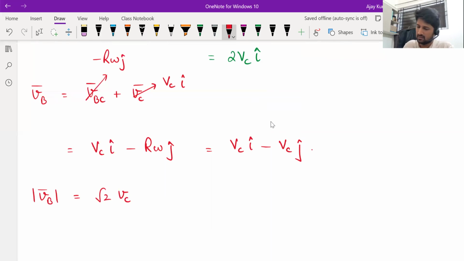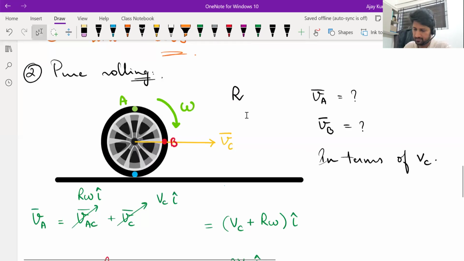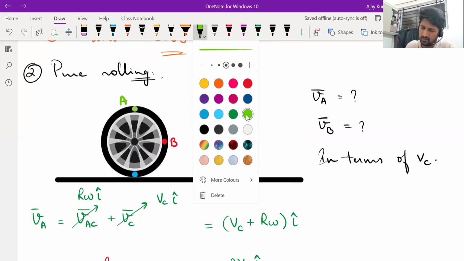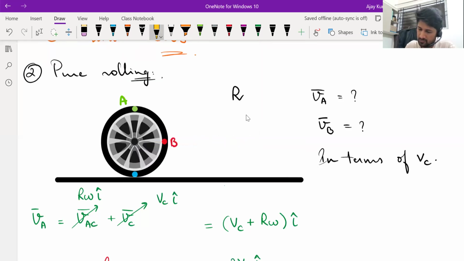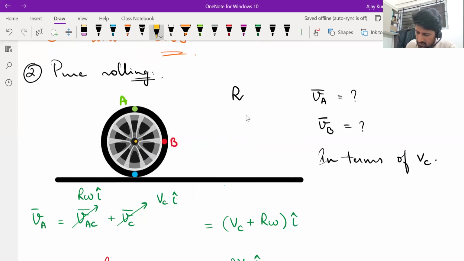Now, let us imagine how they actually move. A's velocity is 2 times Vc. Let's say the center of mass is moving with some velocity in the forward direction. Let's indicate it with a vector like this. The yellow vector indicates velocity of center of mass.